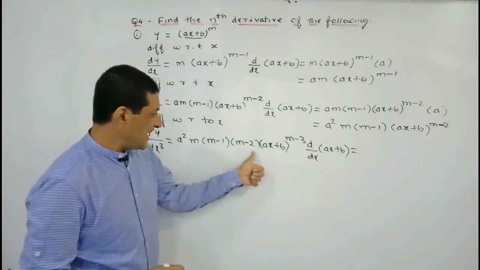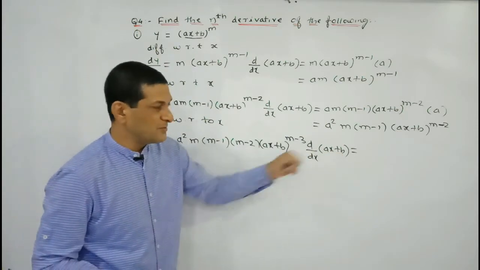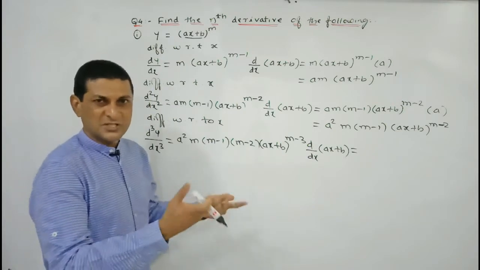Keep this whole term as it is, and lastly we will find the derivative of ax plus b, which is equal to a.